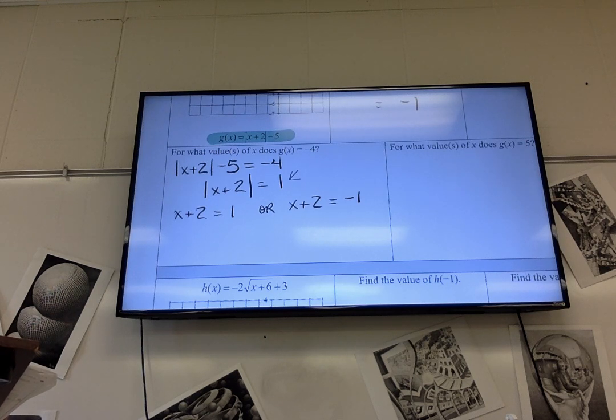So when you're trying to get rid of the absolute value to solve, you have to set up two equations. One, just drop the absolute value. The second one, drop the absolute value, but change the sign of what it's equal to. And then you just solve both of these. Then we have x equals negative 1 and x equals negative 3.